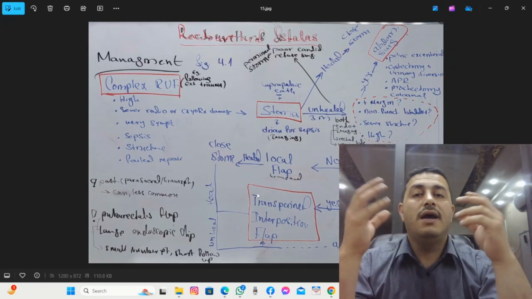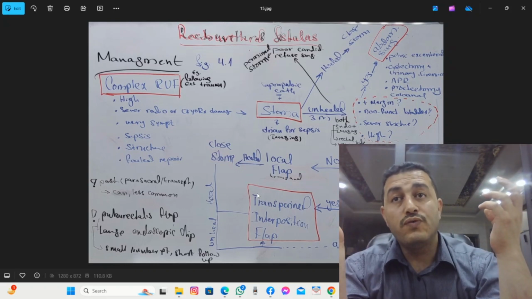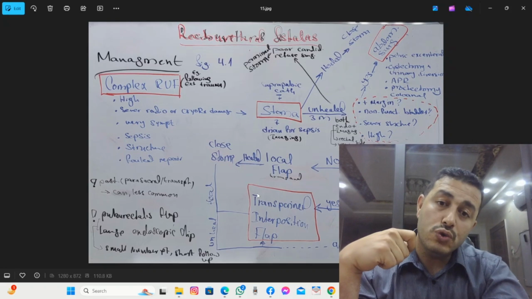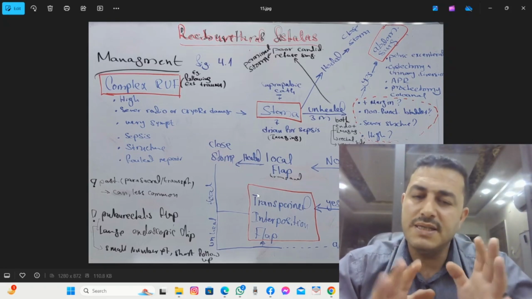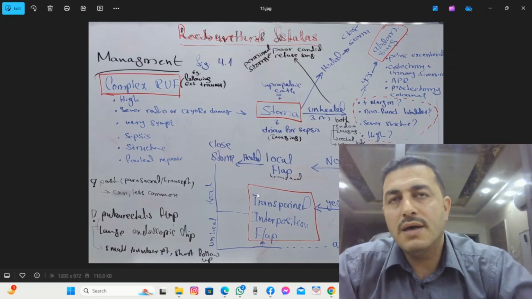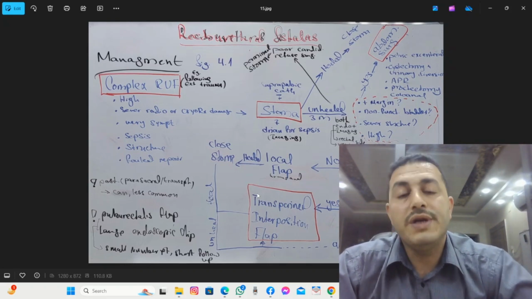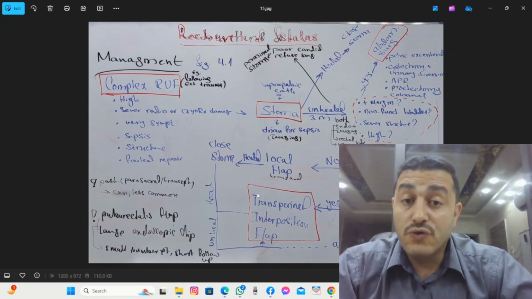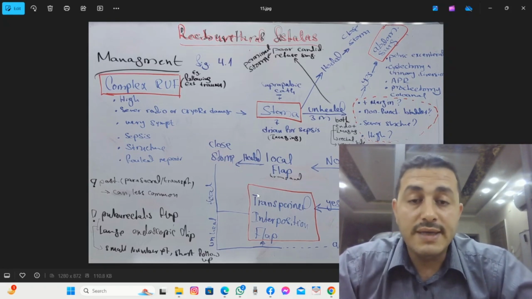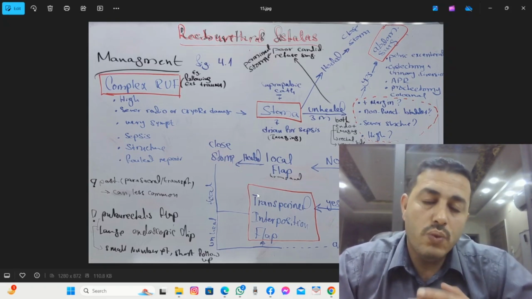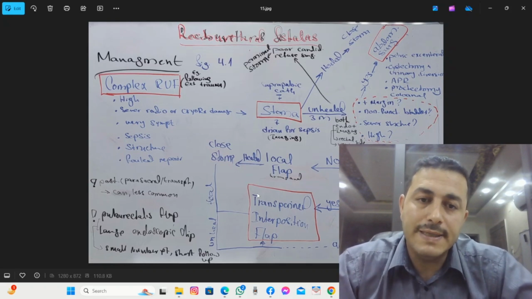So in simple cases we go first to urinary diversion. In complex cases, we go to fecal diversion in the form of a stoma, plus or minus urinary diversion. And of course, if we have sepsis, we have to drain it with the use of imaging.